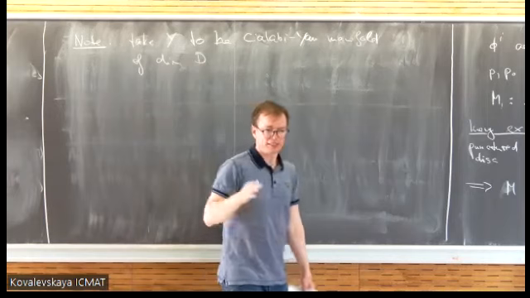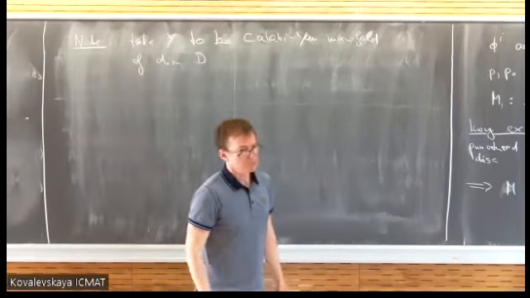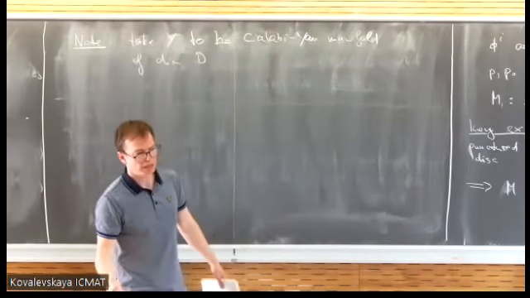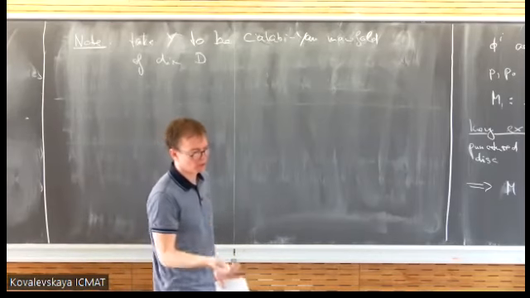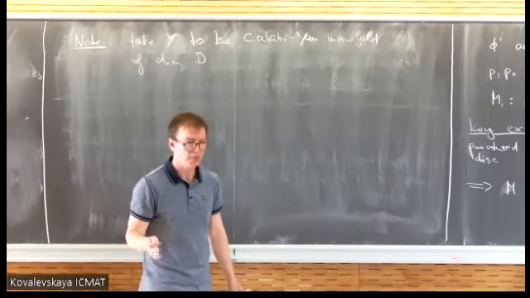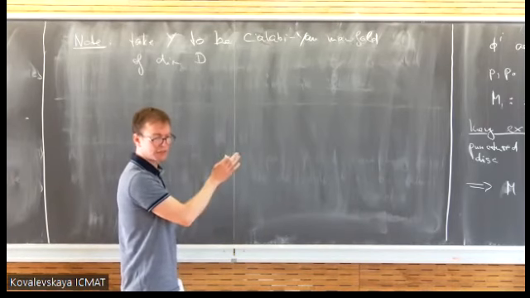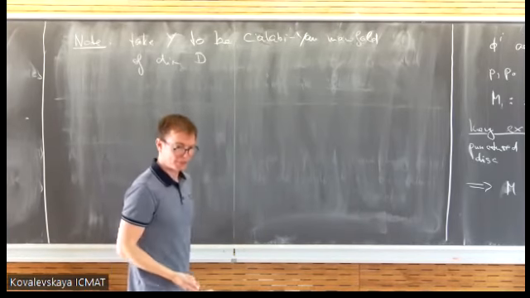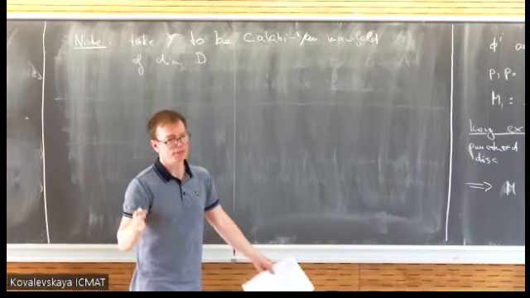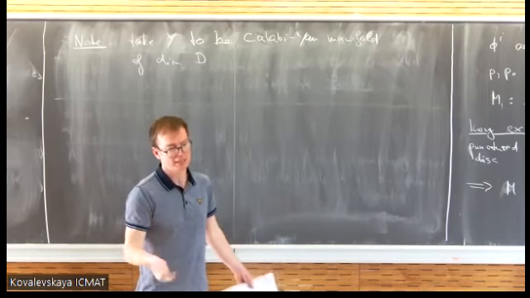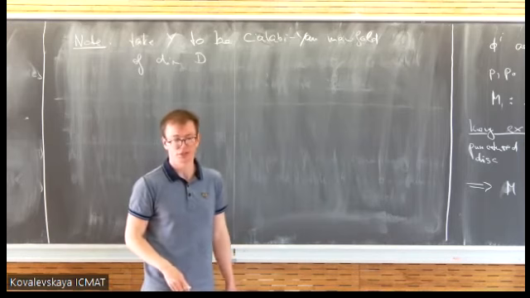There are settings where this is very well understood. But there are other settings where there are arguments about whether Calabi-Yau is fine, or if there's a lot of back reaction, or it's not Calabi-Yau, and so on. I will just make this assumption. I want to get out a mathematical statement. If I can prove it, fine. If I cannot prove it, then maybe it's because I took Calabi-Yau as a condition.